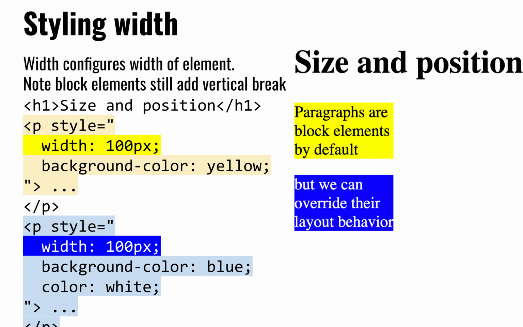It's only 100 pixels, but we have not overwritten the height. We have overwritten only the width. The height is still being set by the algorithm. The block algorithm is that your height will always be determined by how much content you have.